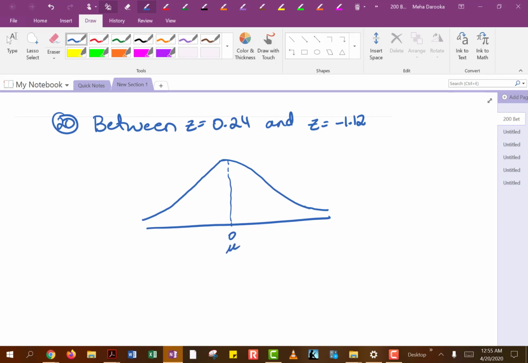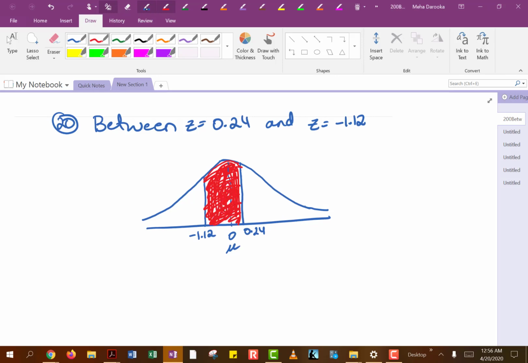So we're saying this is going to be between the z-score of 0.24. Remember, z-score is basically your standard deviation, and then on the negative side at negative 1.12. So they're basically asking us to find this area right here in between these two z-scores, right? So we need to find each individual area first.